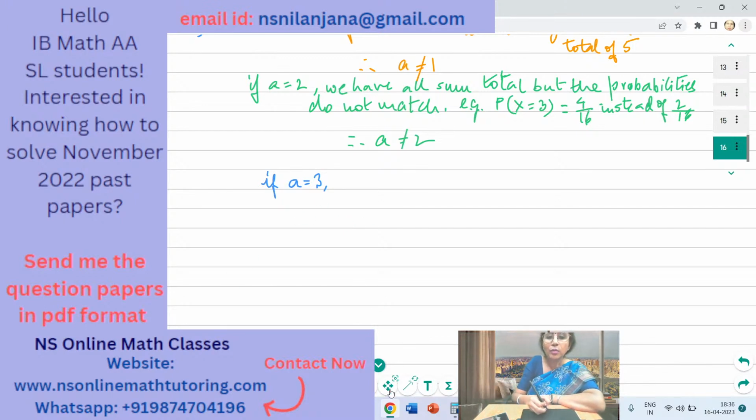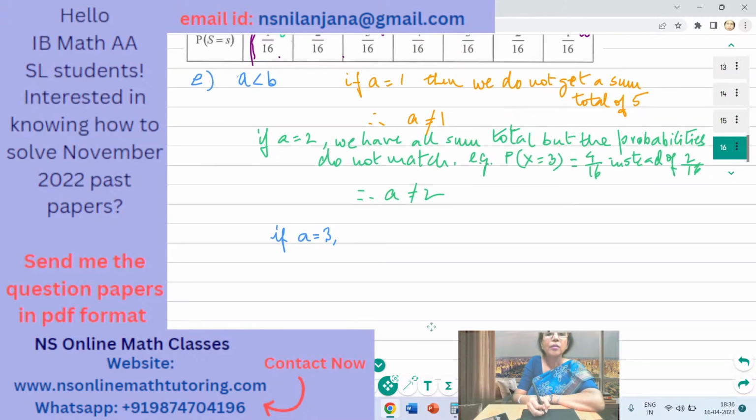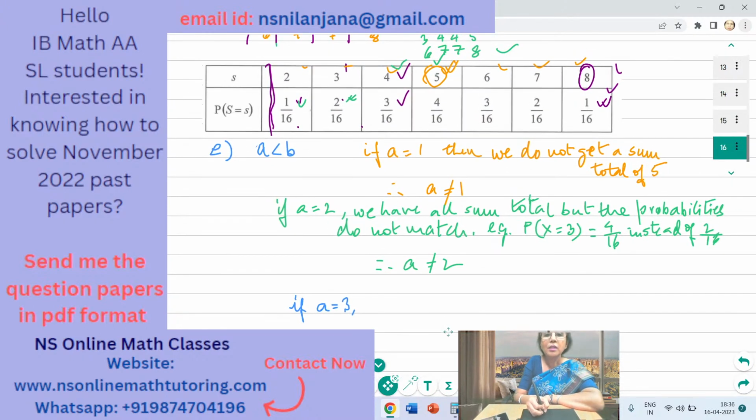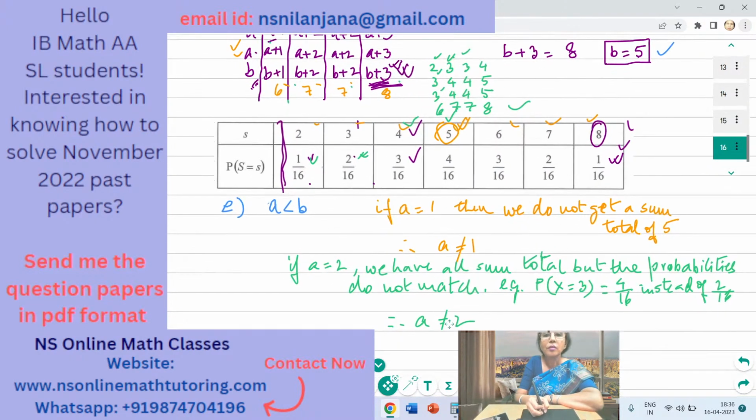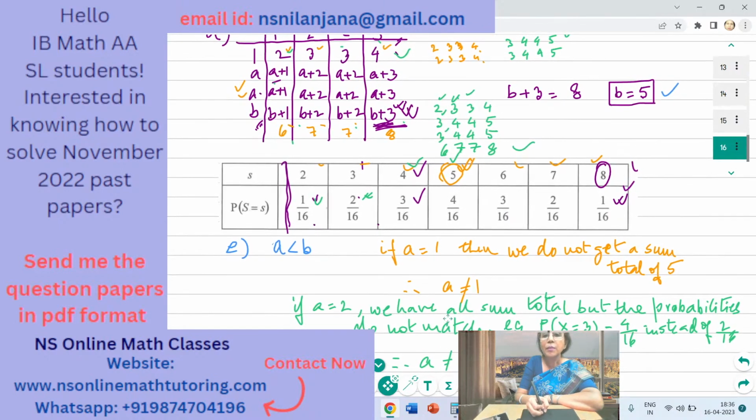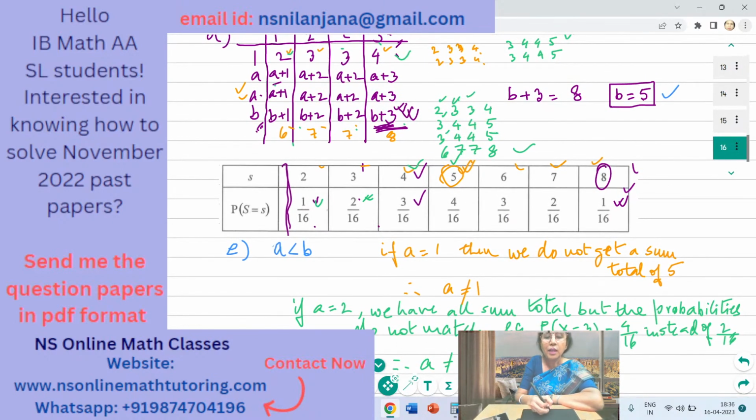So if A equal to 3, then what? Now let us again come back to this table. This time it is A equal to 3. So I'm writing the 4 rows again: 2, 3, 3, 4.